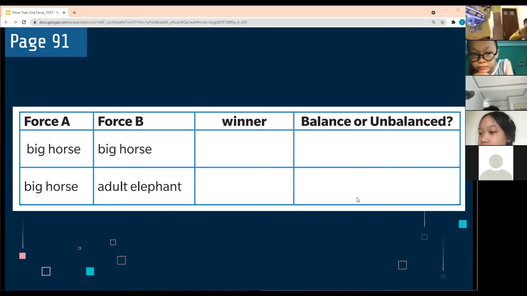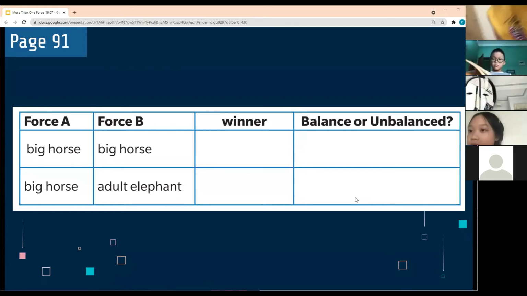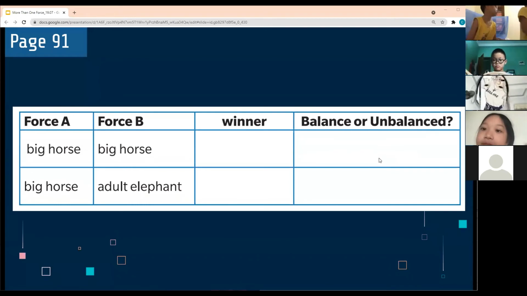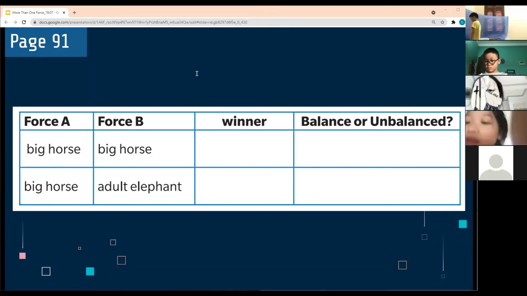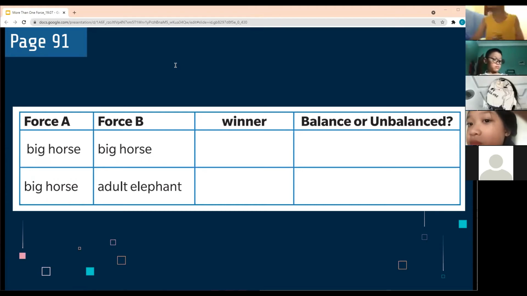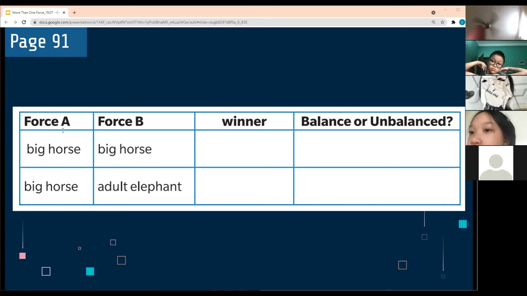Okay, this is homework from 2 nights ago. So we have force A and force B. Emma, which one is going to be our winner, the big horse or the big horse? Look at our chart.